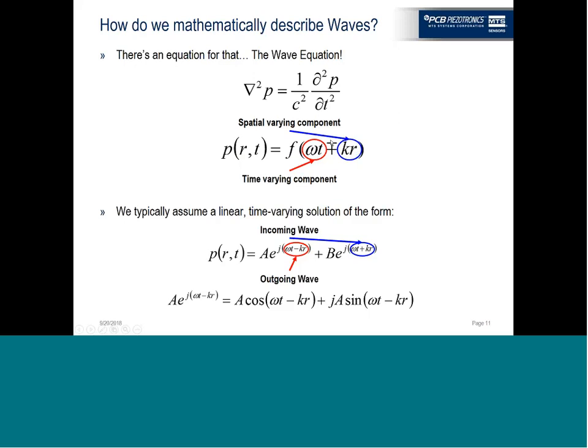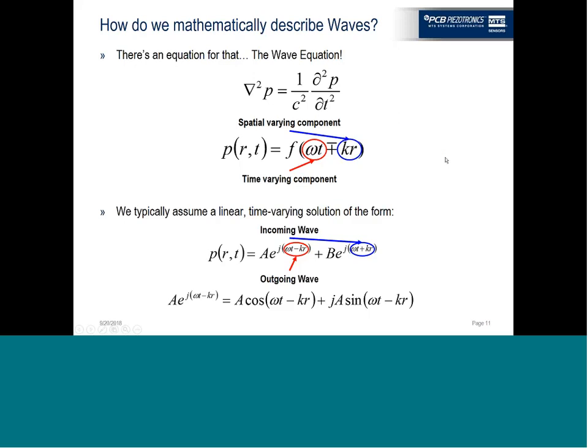Note that everything in this function has to be dimensionless. So the units on k are 1 over whatever the length units are on r. And the dimensions on t, which are seconds, have to cancel out the omega, which is radians per second. So that gives us all of our dimensionless numbers in here.